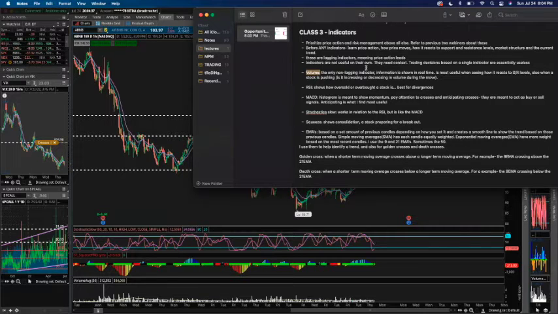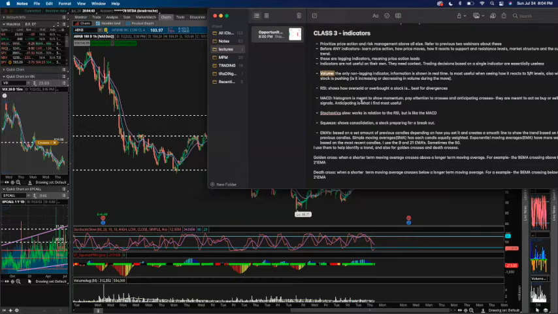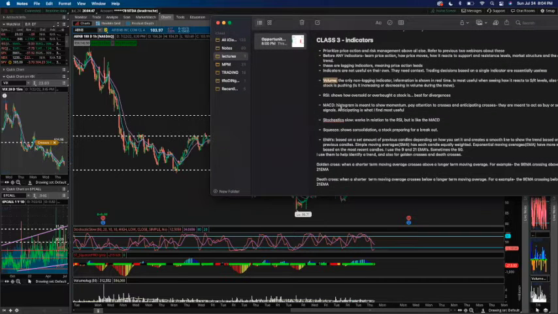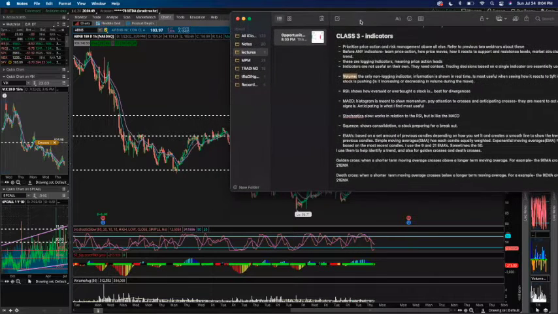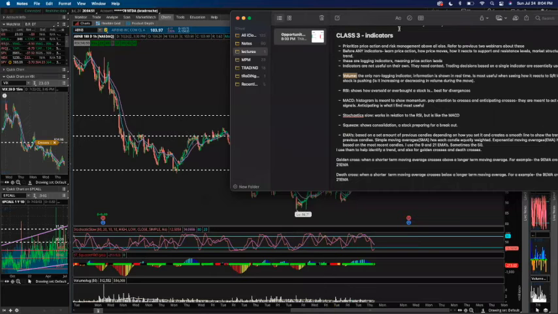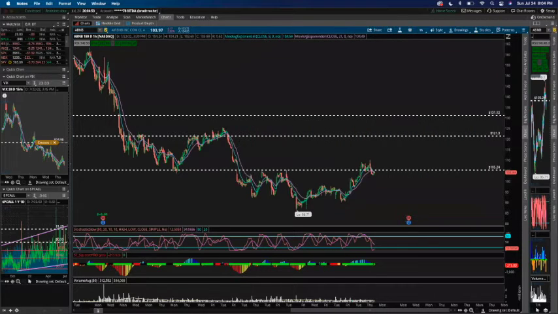But I'm going to go over the ones that are important to me. You need context with these indicators. You can't just use one indicator and expect it to work. For example, if you've ever seen the MACD, I'm going to go in and show that to you guys. I'll add it to the studies here.